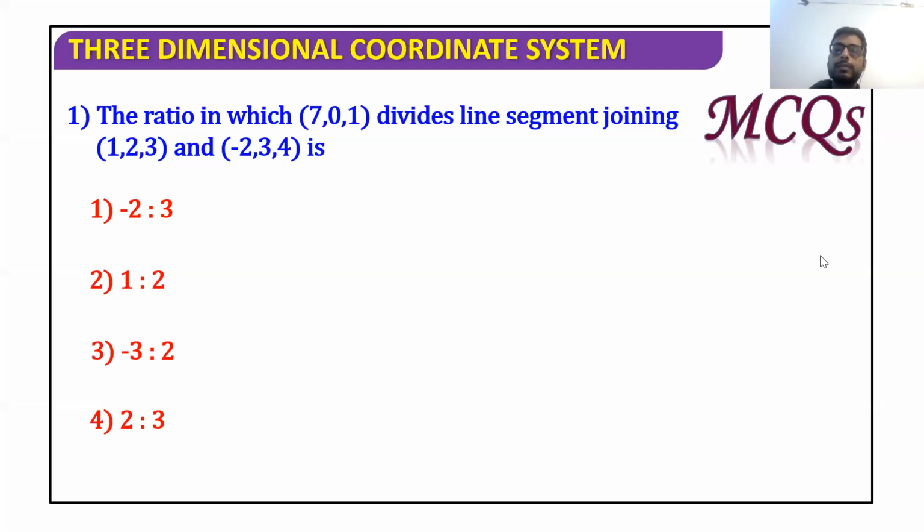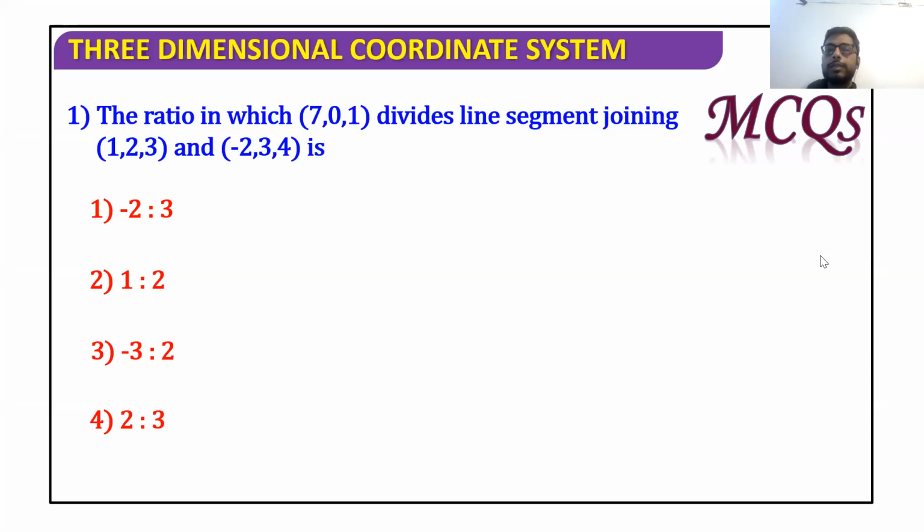So just consider x1 minus x upon x minus x2. In this particular case, your x1 is 1, your x2 is -2, and your x is 7.